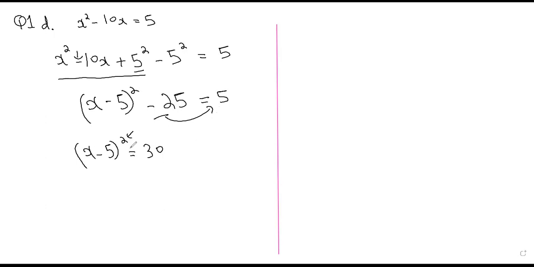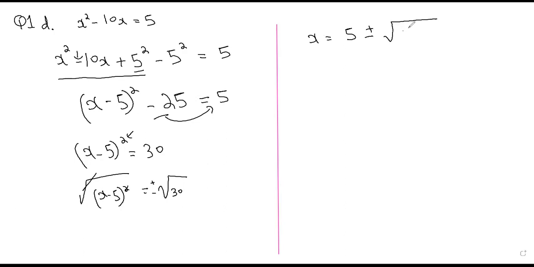Now I'll take the square root on both sides just to get rid of the square. So that would become x minus 5 equals root 30. These two would be cancelled. And finally, I'm going to have x equals 5 plus minus root 30.